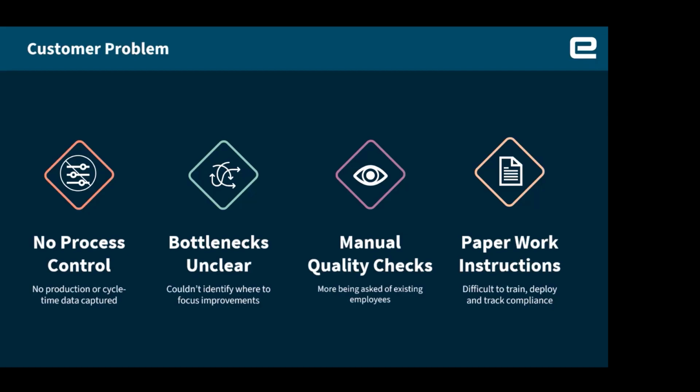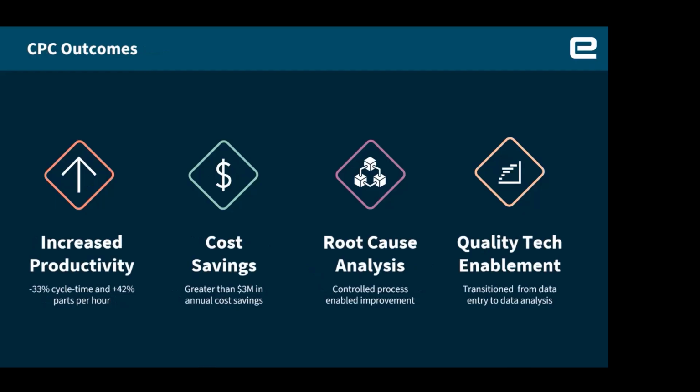And then obviously the paperwork instructions become difficult to train and difficult to keep track of, right? Who knows if someone misplaces something or spills something, or you turn on the fan and the paper blows everywhere. This is all going to be in a digitized format now with CPC.